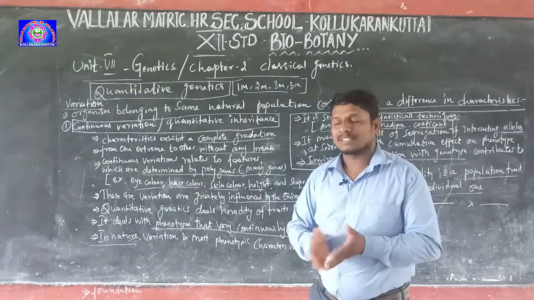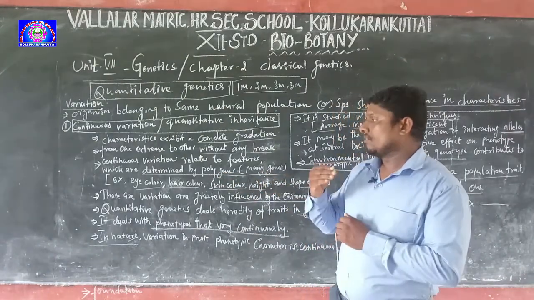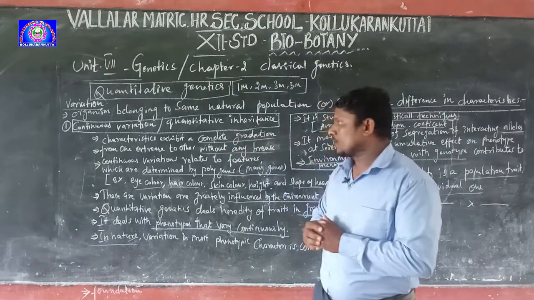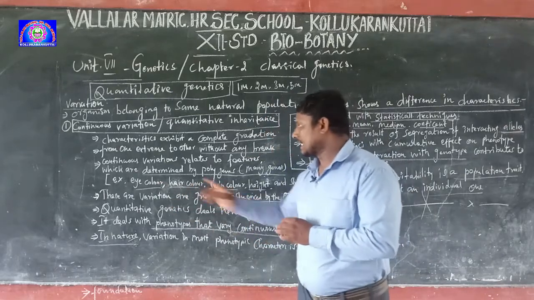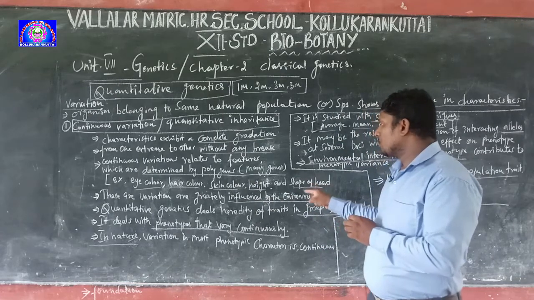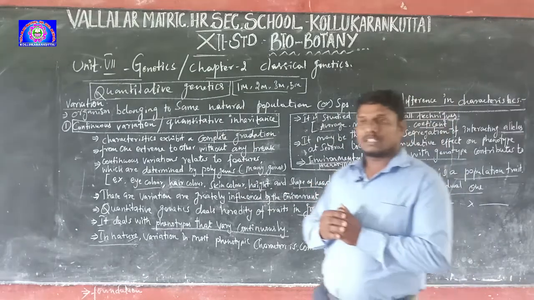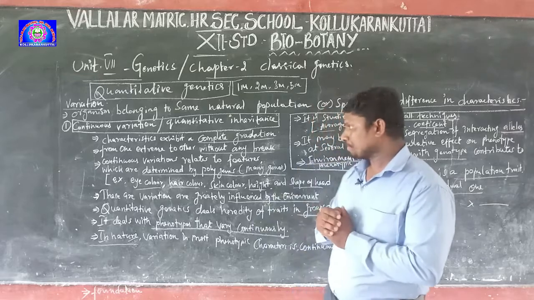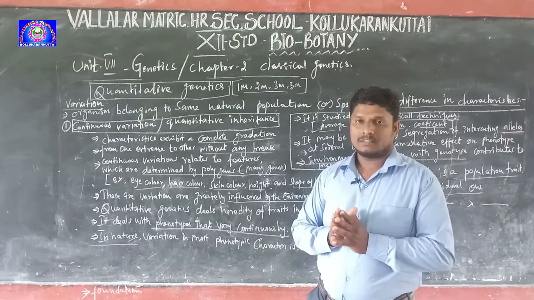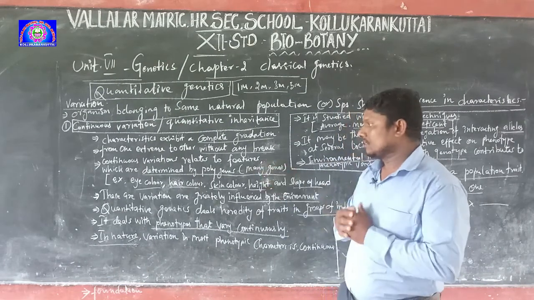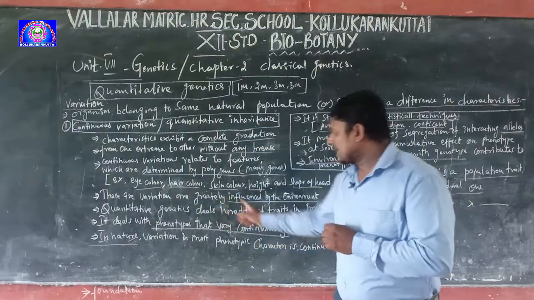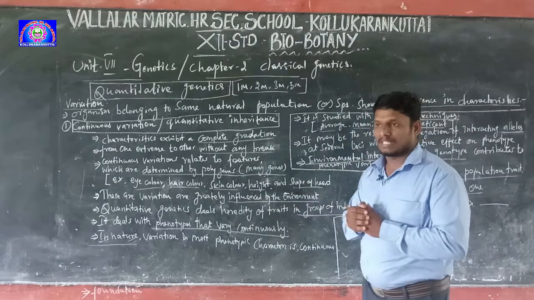Polygeny is nothing but many genes. For example, the gradations in human eye colors, hair colors, skin colors, human height, and shape of head. These characters are determined by polygeny, or many genes. And these variations are greatly influenced by the environment.